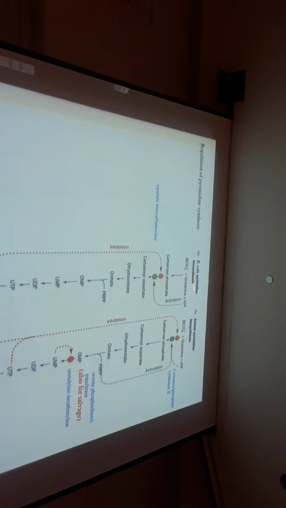That happens in E. coli, for example. We have UTP and CTP actually act on carbamoyl phosphate synthetase 2 in animals. We also have inhibition here of UMP onto this enzyme that removes the carboxyl group from our carboxylated uracil, so to say.